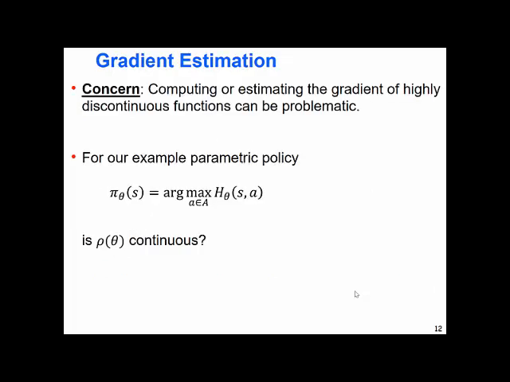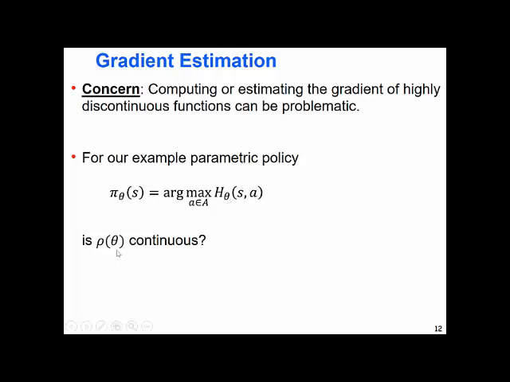So we're going to run into one problem first. This way of defining a policy, computing the max over this H function, this action scoring function, is inherently a discontinuous policy, in the sense that if you change theta, you could get a sharp change in the policy selection. I guess talking about the continuity of this function doesn't make sense.